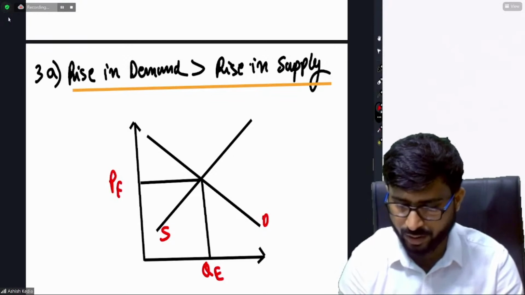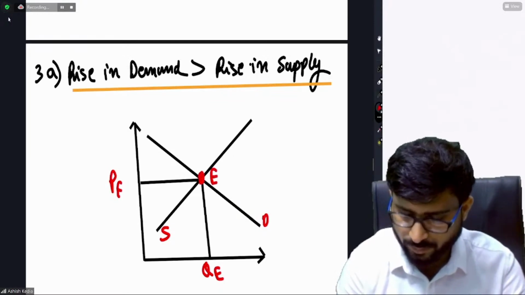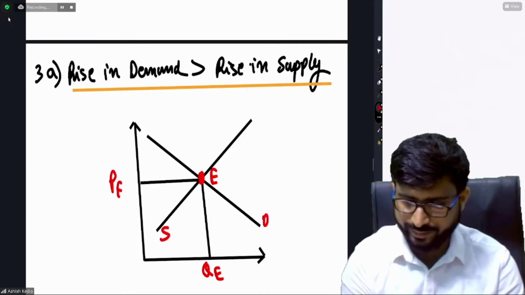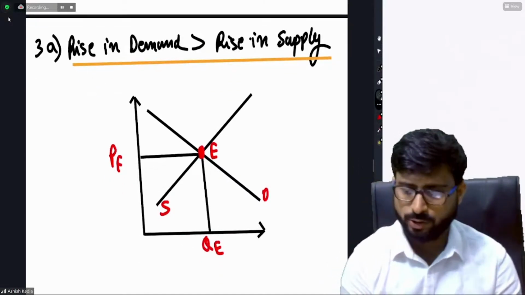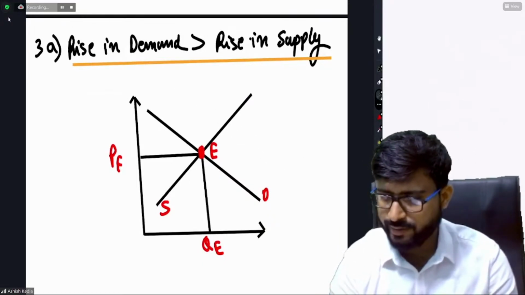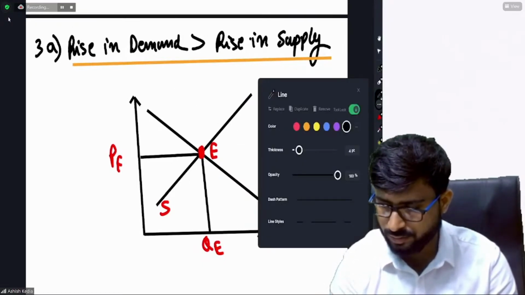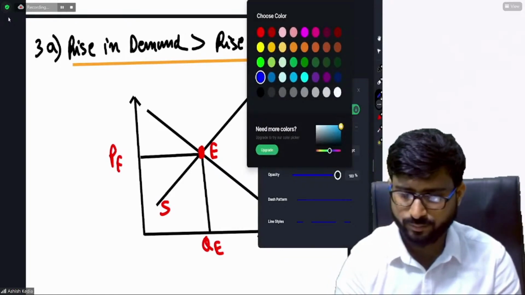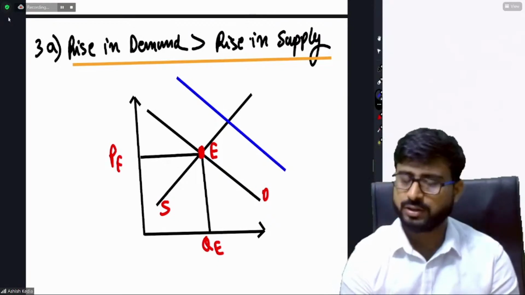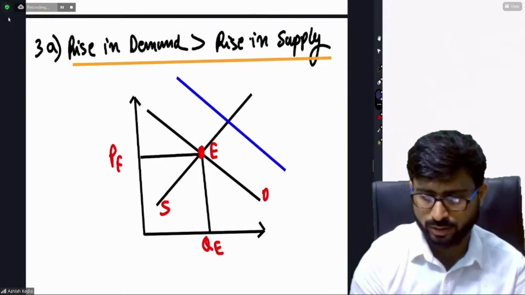This is the equilibrium quantity. Equilibrium point. Now, there is rise in demand greater than rise in supply. So the demand curve will shift more to the right. Let me show it with another color. See, demand has shifted more to the right, supply will also shift right but by less.